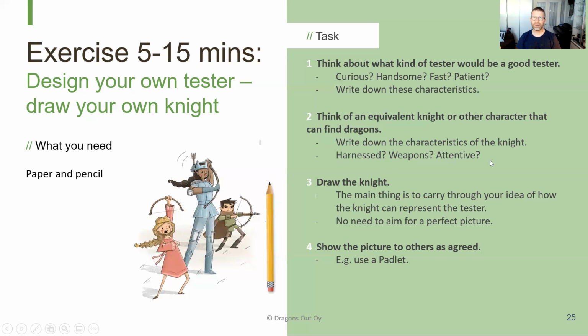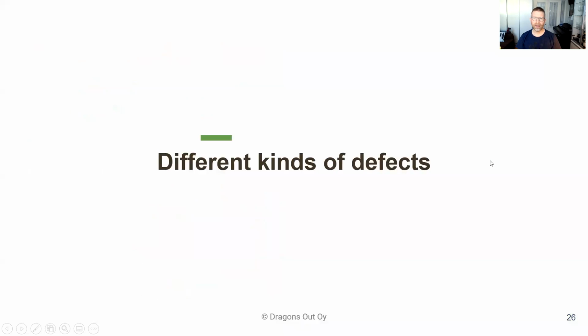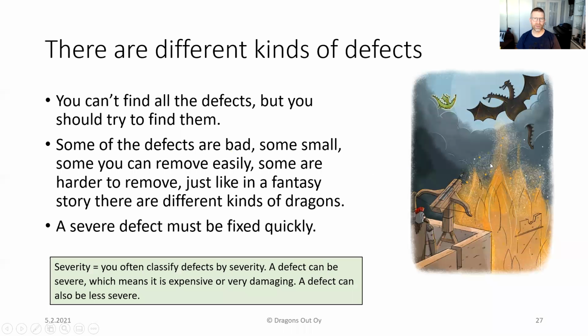Anyway, let's move on. So we've discussed that there is software and there are defects, castles harassed by dragons. But there are different kinds of defects. It's not only the typo or something doesn't work correctly type of defects.